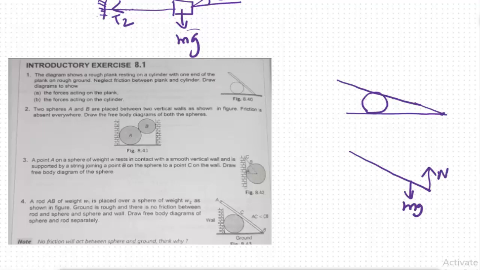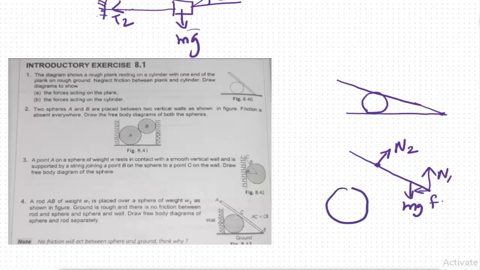This normal reaction I am representing as N1, and here it is in touch with the cylinder. There we get a reactional force, N2, which is acting in the upward direction. So we are considering the ground and the plank reactional force, and the frictional force, which is acting like this.